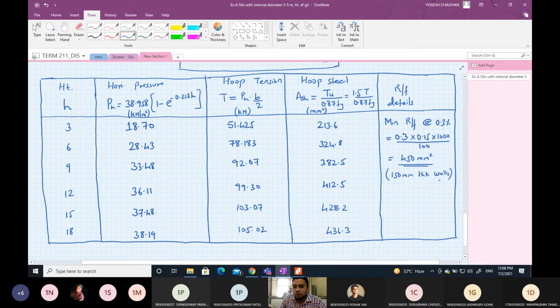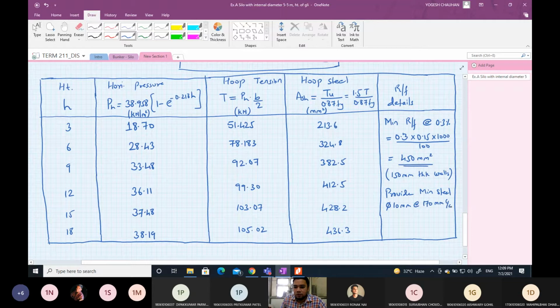Okay. So provide minimum steel, that is 10 dia at 170 cm.